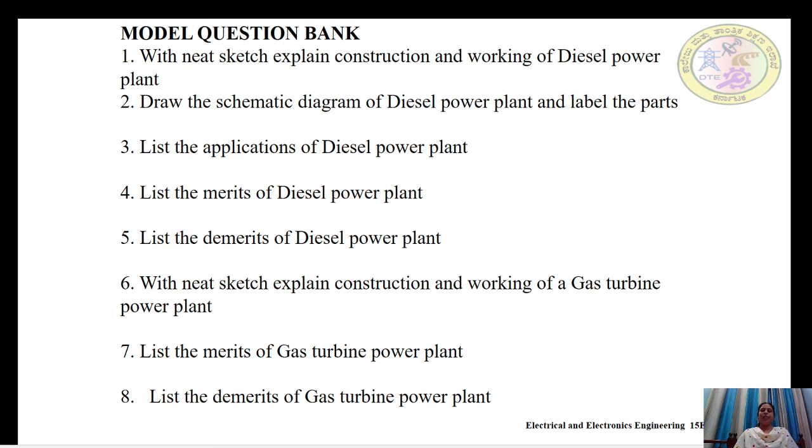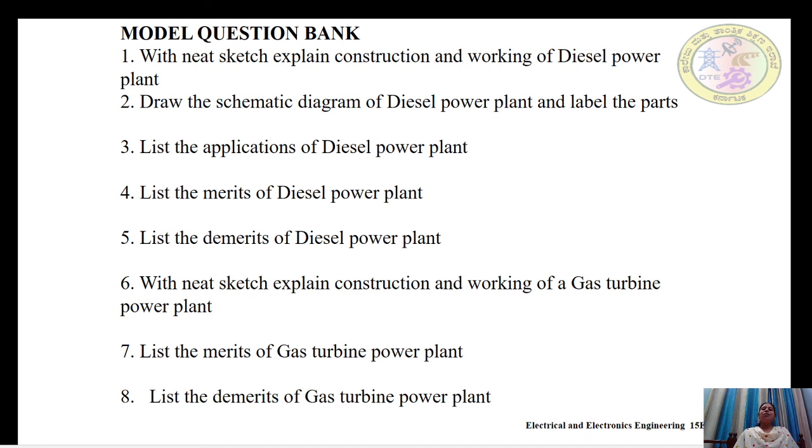With a neat sketch, explain construction and working of diesel power plant. In this, you have to draw the diagram, specify the important components of the diesel power plant, and briefly explain each component, its construction and working.